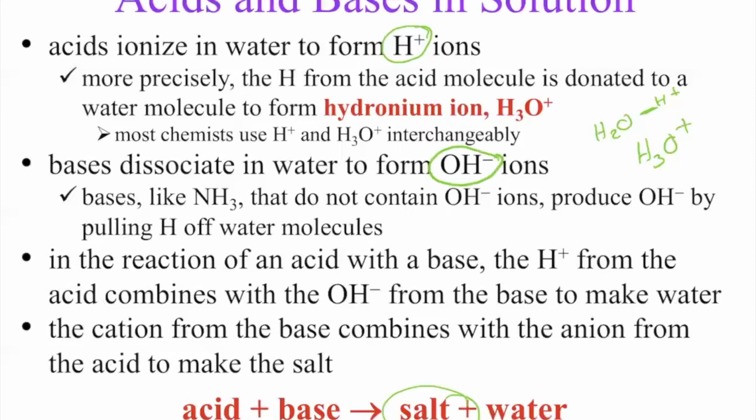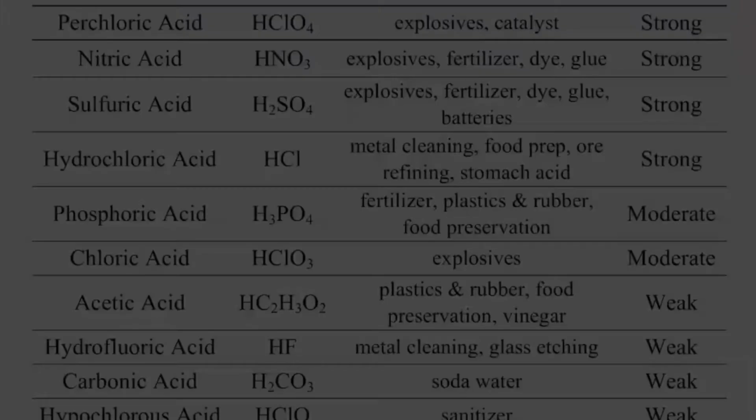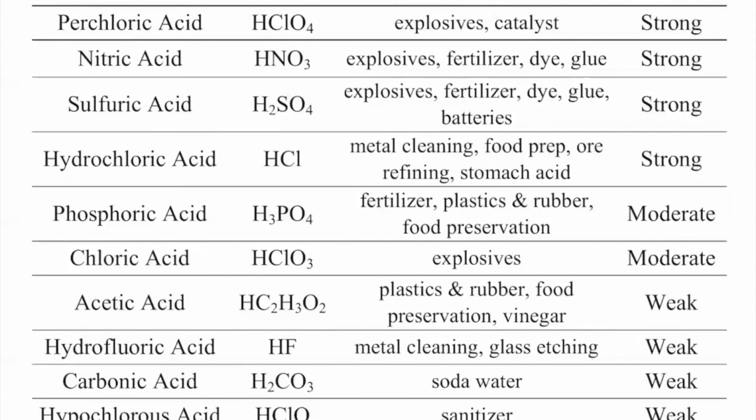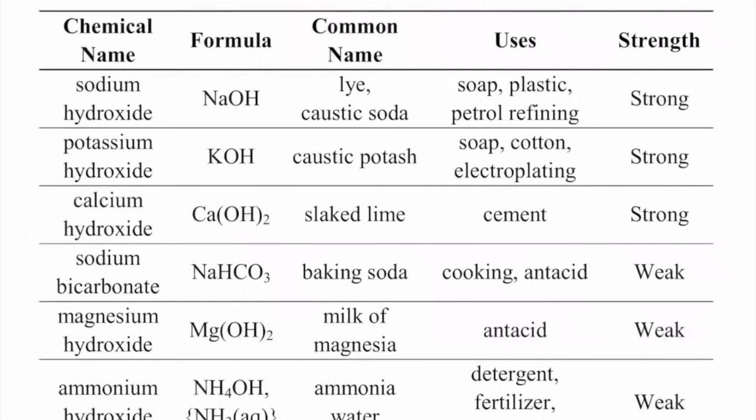I know you're not familiar with acids and bases, so here's a list so you can start becoming familiar with the acids. The one thing the acids have is that they all start with H, and that's the H that is going to come off. Notice here we have common bases.